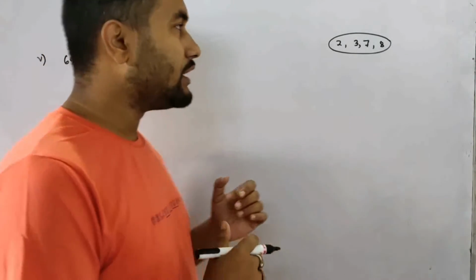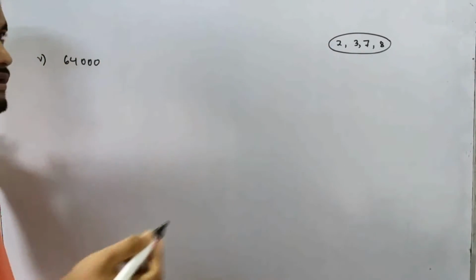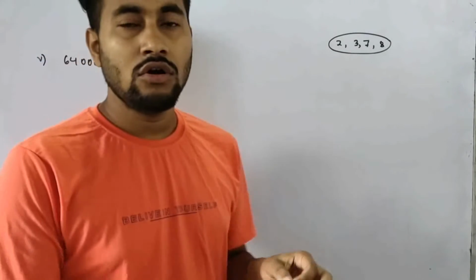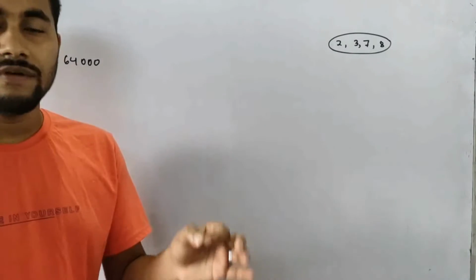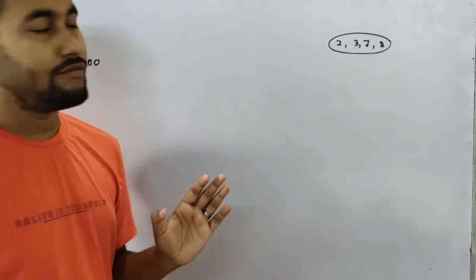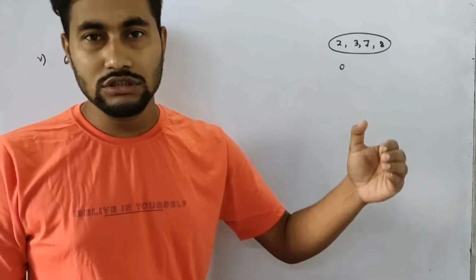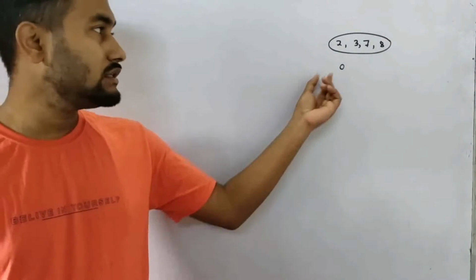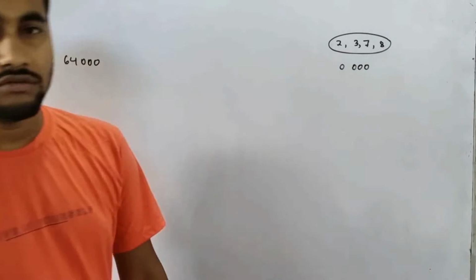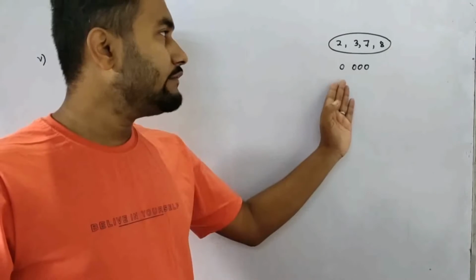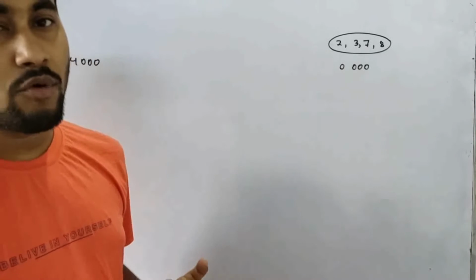The second property was that if any number ends with an odd number of zeros, then it will not be a perfect square. If 1 zero is there in the ending position, since it is odd, it will not be a perfect square. If there are 3 zeros, again it is odd, so it is not a perfect square. That was our property number 2.